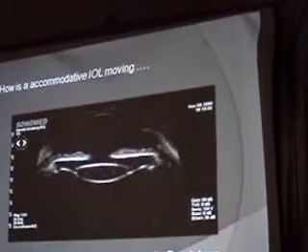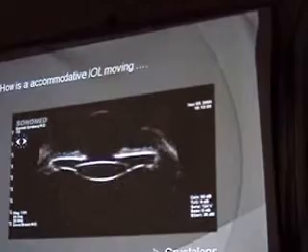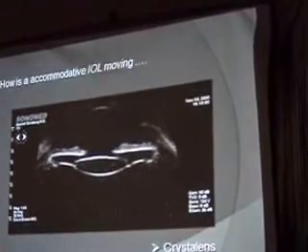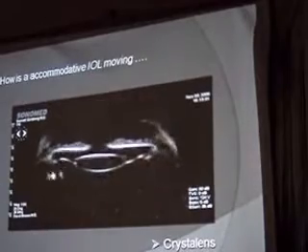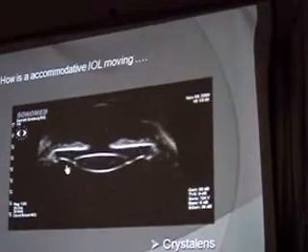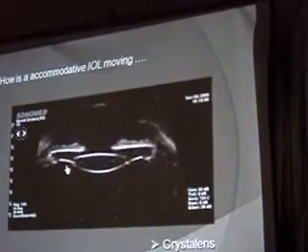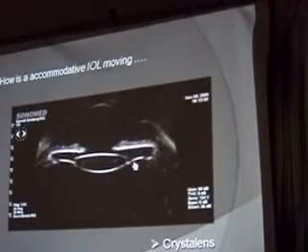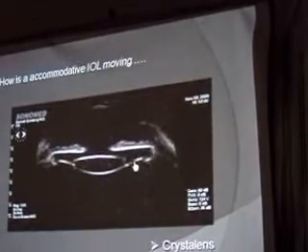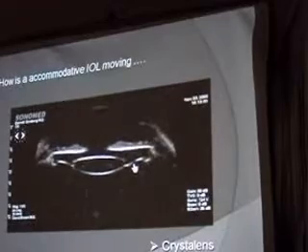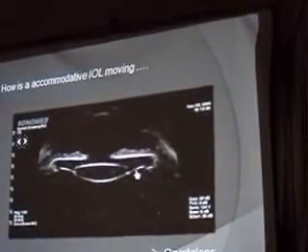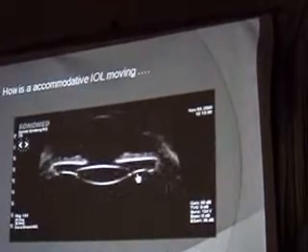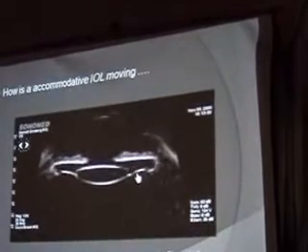Okay, here is another accommodative IOL. This is a Crystalens. As you see, the lens is clearly moving. If you have any doubt about that, look at the haptics, how the haptics are bent during the process. It's really nice to see a very clear movement of the lens forced by the stimulation of the fellow eye on the accommodation.